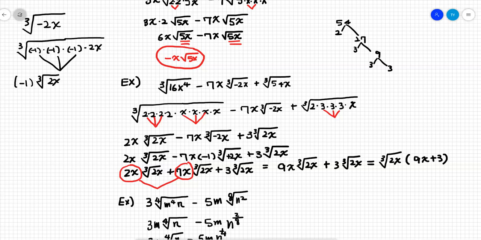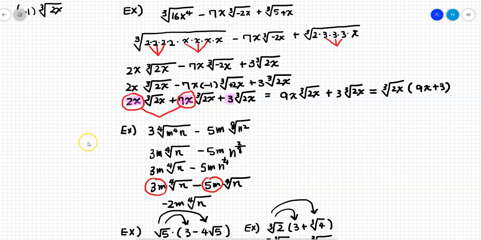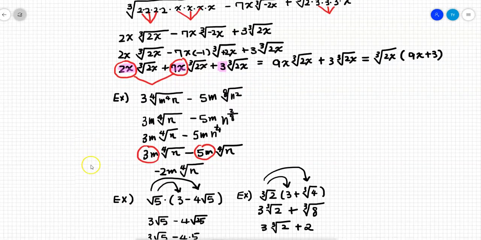So we were able to combine those. The only thing we were not able to do is combine the one with 3 instead of 3x, but we were able to combine these two radicals because they contain both the cube root and the 2x as the radicand.